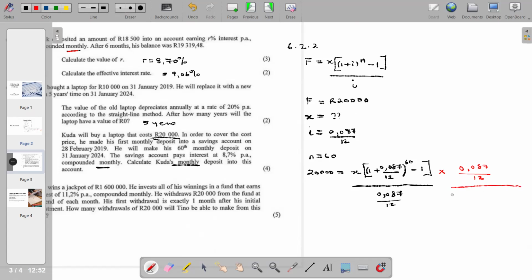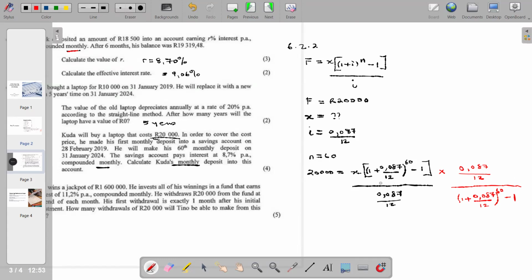Then here we are going to have 1 plus 0.087 over 12 to the power 60 minus 1.